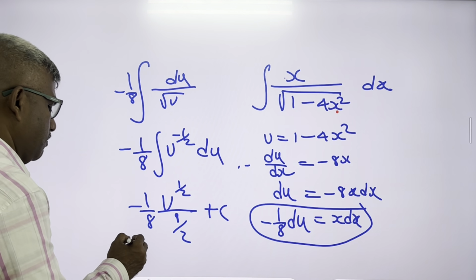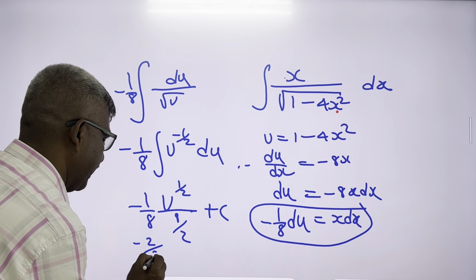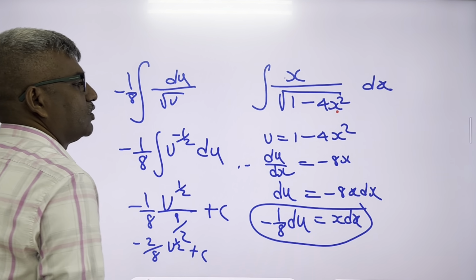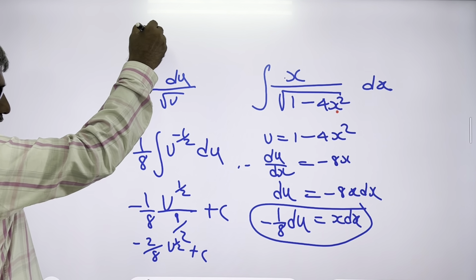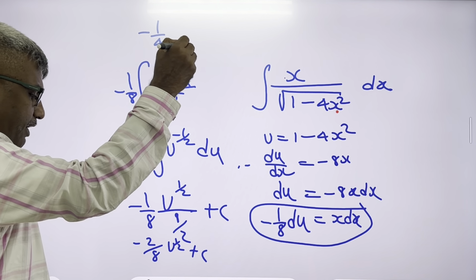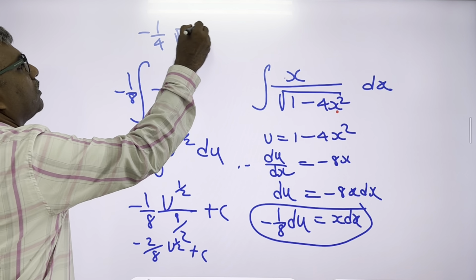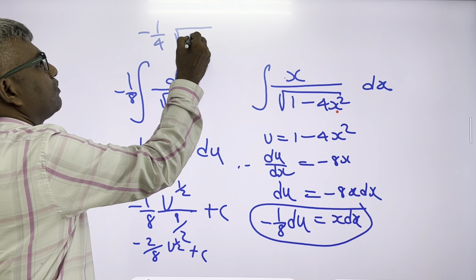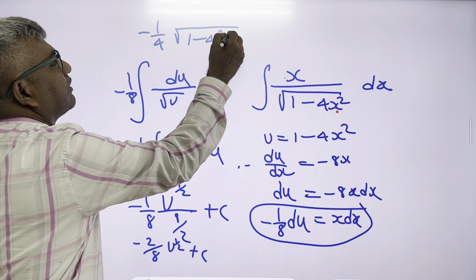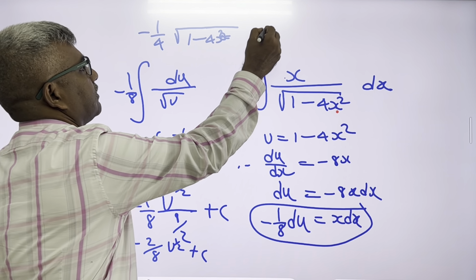So minus 2 over 8, if you simplify, minus 1 by 4 times square root of u, where u is 1 minus 4x squared, plus c.